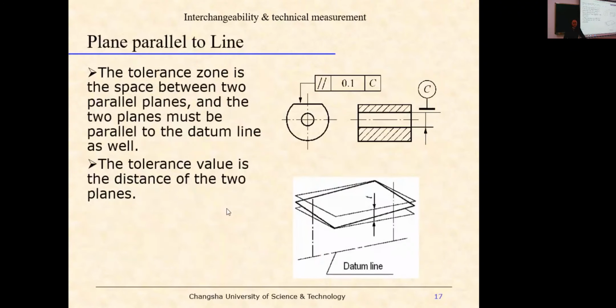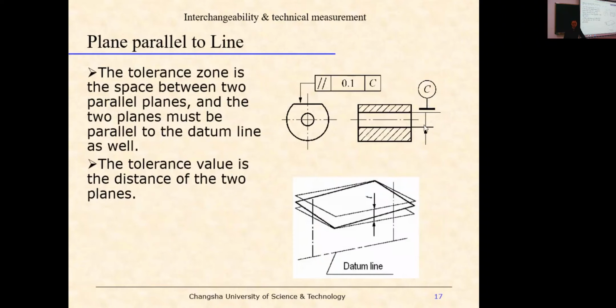And another one, plane parallel to line. The tolerance zone is the space between two parallel planes. This is the plane, right? But this data feature is an axis, like this one, because this data feature is in the line of the dimension line.